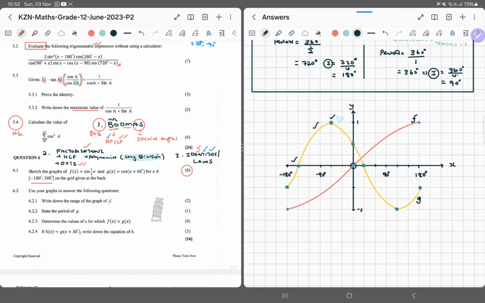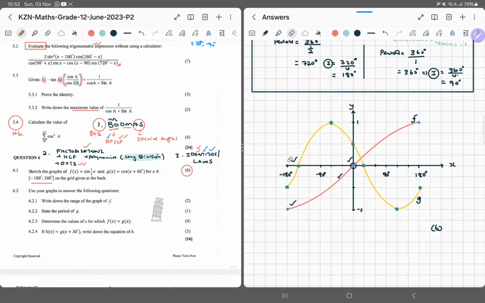Shape, and then any one of the turning points, meaning the maximum and the minimum. So usually 3 marks. Same for this one. This would be the maximum right here. That would be the shape. And that would be the intercept at the origin. So this is how those 6 marks are scored. Nice and easy.